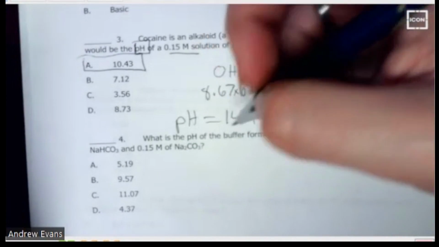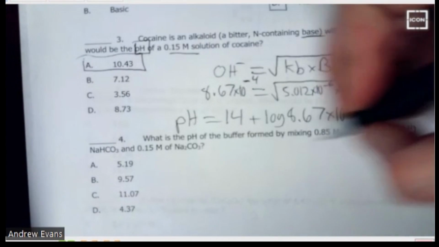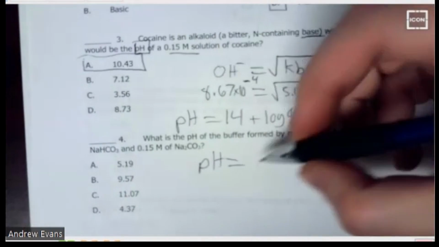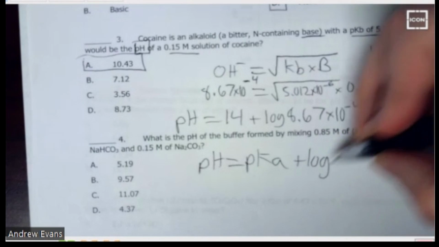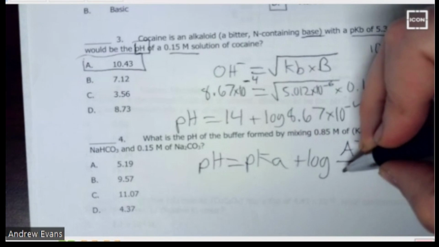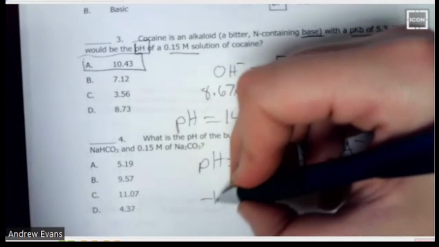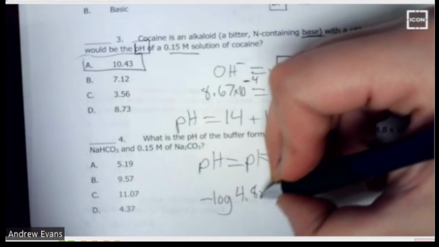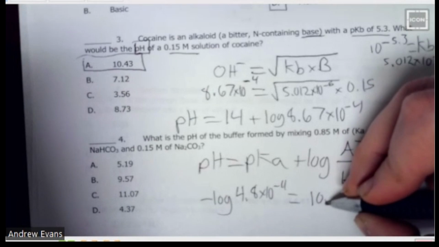Now, what is the pH of the buffer formed by making this? So pH is Henderson-Hasselbalch: pKa plus log of base over acid. First, what's the pKa? Negative log of 4.8 times 10 to the negative 11 is our pKa. That gives you a pKa of 10.31.